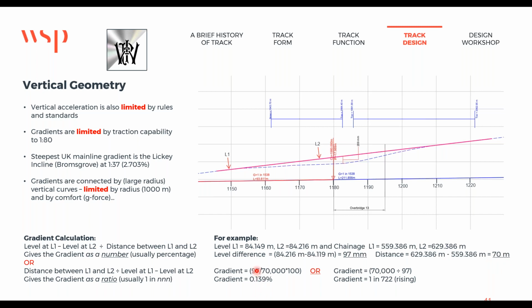That gives you 97 divided by 70,000, that's the 70 meters in millimeters, times 100 over 1. That'll give you a percentage, that's 0.139%, or 70,000 divided by 97 is 1 in 722. But if you express the gradient in a 1 in, you need to then qualify it as rising or falling. When you do this one, if it's falling, it'll be minus.